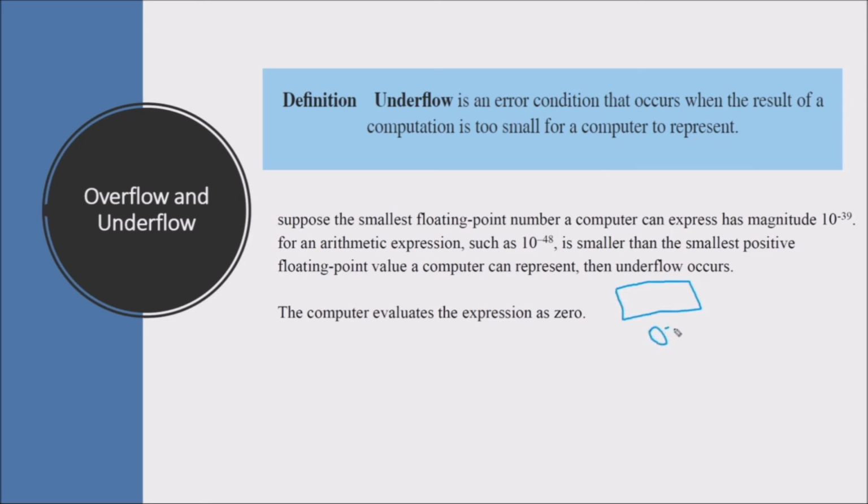Let's say you don't have to go that far. Say I have only 3 digits of space to store this number. That means I can store only 0, 0 and 0.